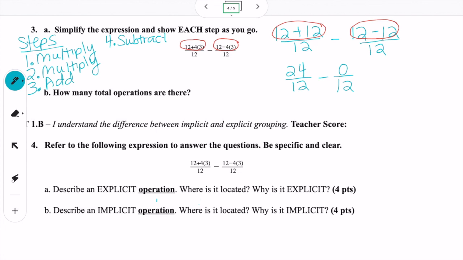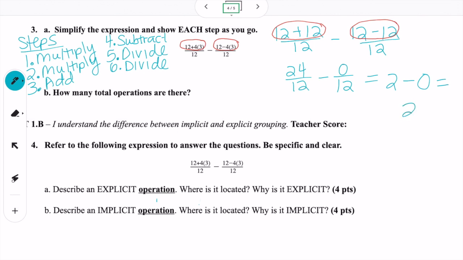Now, if I look at my operations that are left, I can see there's 2 divisions and a subtraction. We need to divide before we subtract, and there are 2 things to divide, so I'm going to list it twice. 24 divided by 12 is 2. I'll leave the negative there for now. 0 divided by 12 is 0.